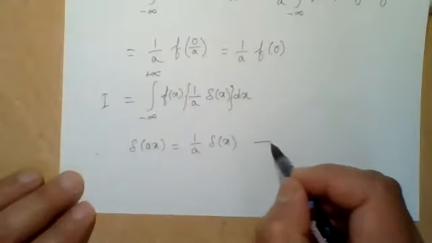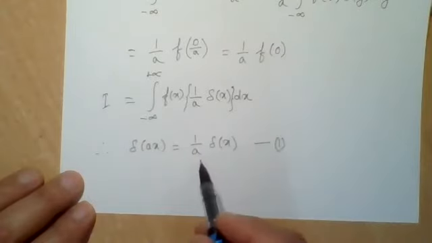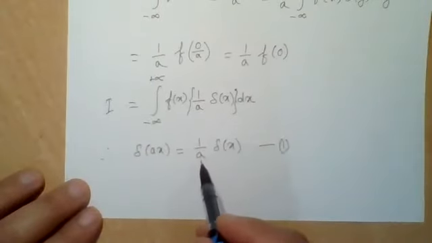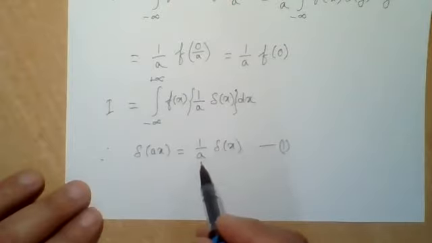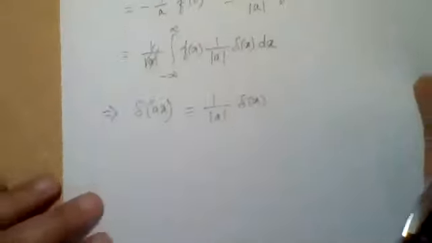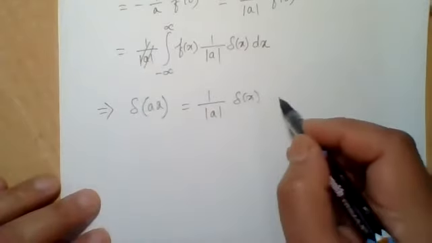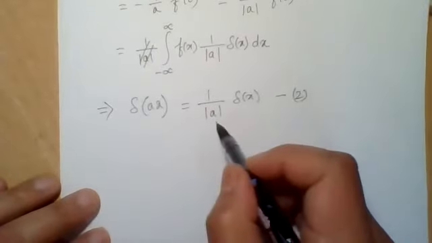So if I write this as equation number 1, this is for positive a. If a is positive, a is equal to modulus of a itself. And this is equation 2. This is for negative a.